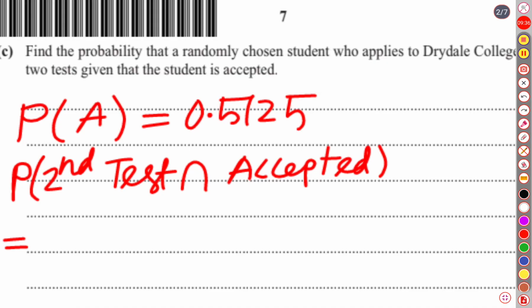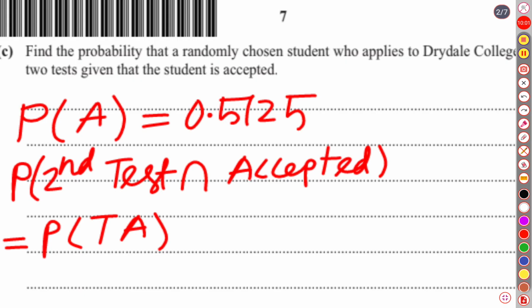The probability of second test and then accepted means at least two tests. So it might be that the first time he failed, and he took the second test, the second chance. So first it was T, then he was accepted. This may be the first case.